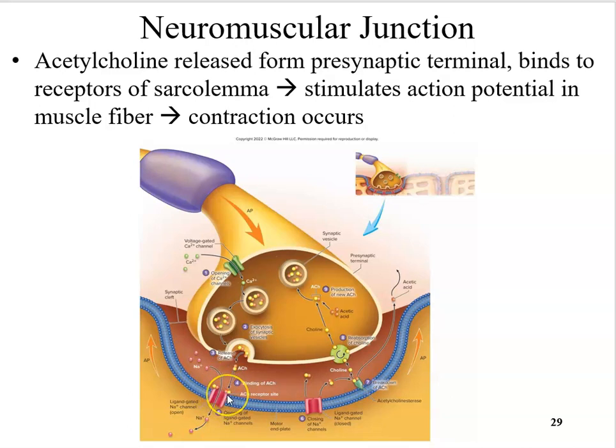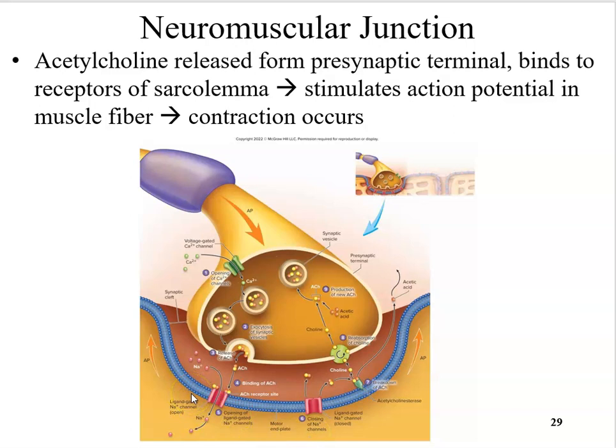There it binds to, see right here, the gated sodium channels of the sarcolemma. So this is the key that unlocks this gate. When it unlocks, sodium is able to diffuse into the cell.